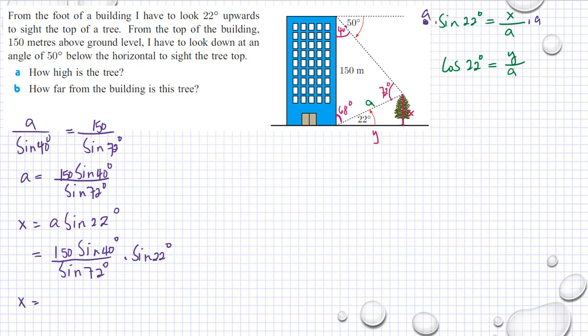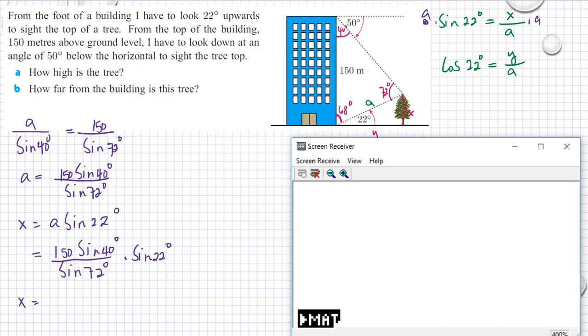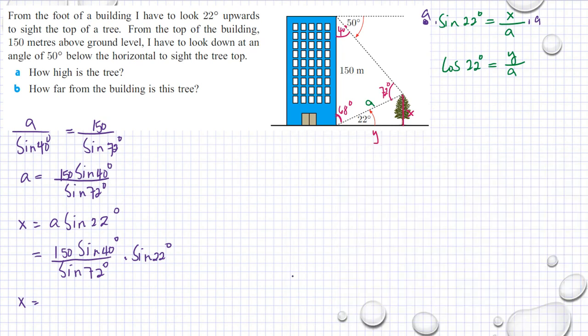Our calculator will do the rest. We have 150 sine 40 divided by sine 72 multiplied by sine 22. Then we have almost 38 meters height.